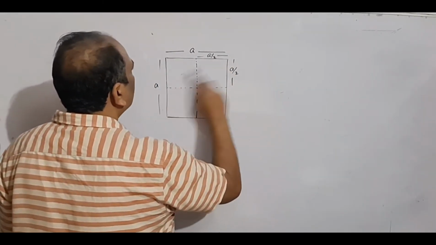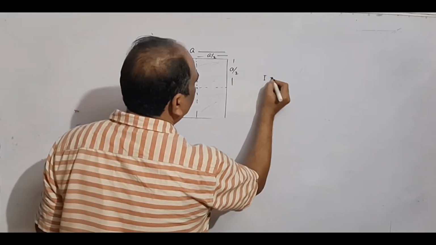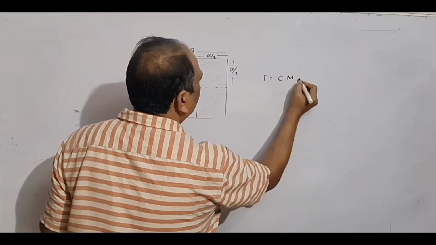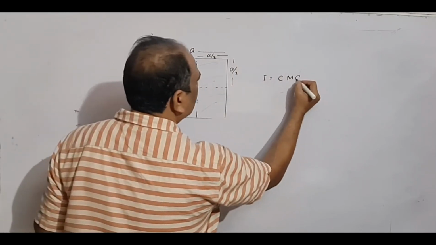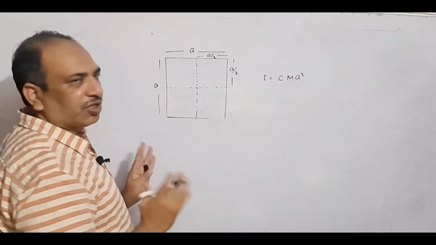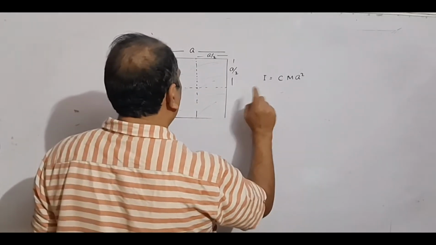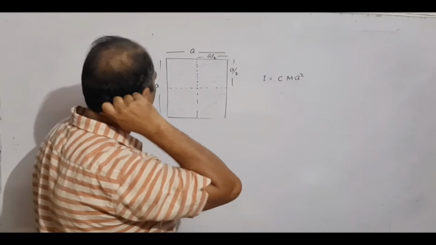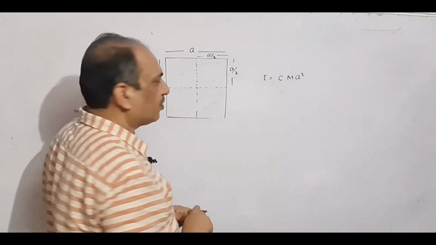Here again moment of inertia will be some constant into mass into length square, length is A. This is for sure, at least this much we know. It will come out of this form only, and we do not know the value of the constant C.